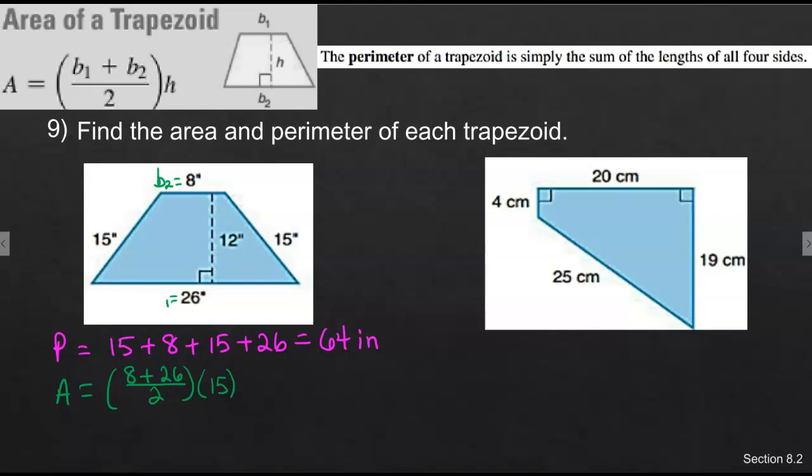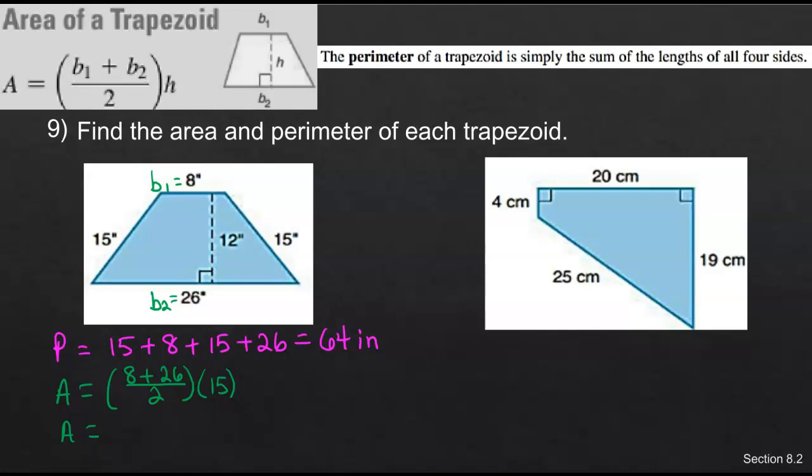Maybe I should label that differently since I put it in the formula that way. I'll make this one the B sub 2. So let's just call them base 1 and base 2, 8 and 26. It doesn't matter which one we call base 1 or base 2.